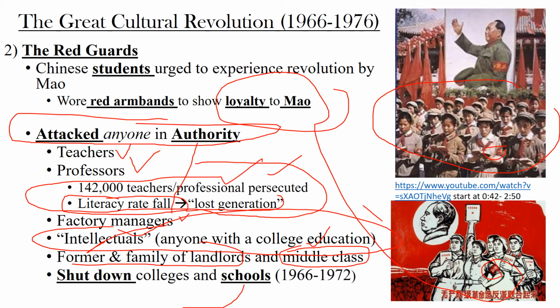It's like 20 years later, 15 years later, they're like, yep, we're coming back for you. If your dad was a landlord, yeah, but you took all his land and gave it to the peasants, and that's fine. Thumbs up for that, but I'm not a landlord. Yeah, but your family are, and we have to beat you up and shove glass into your fingernails because of it. Like, okay. And effectively, they shut down schools and colleges.